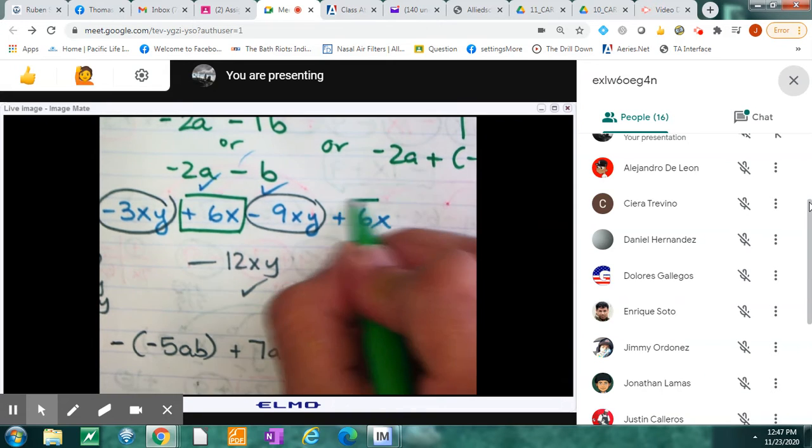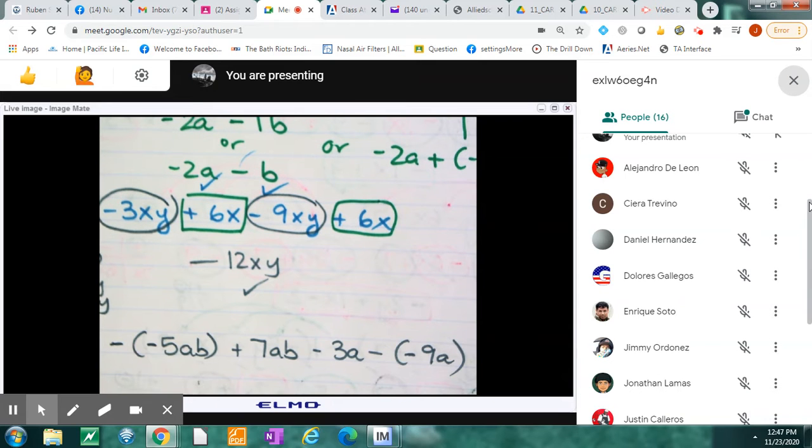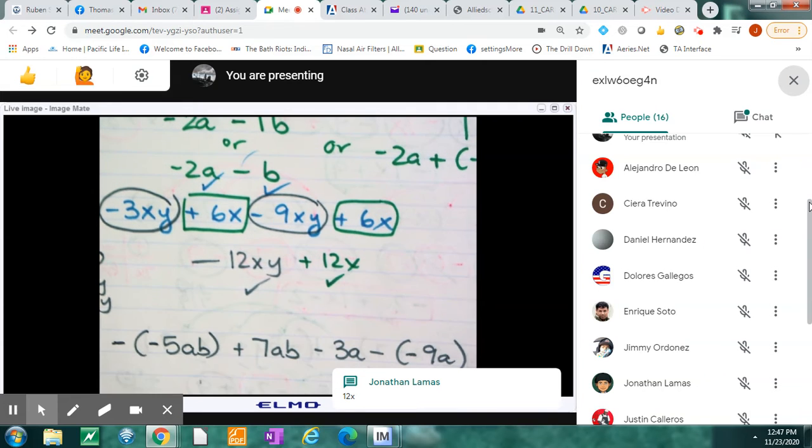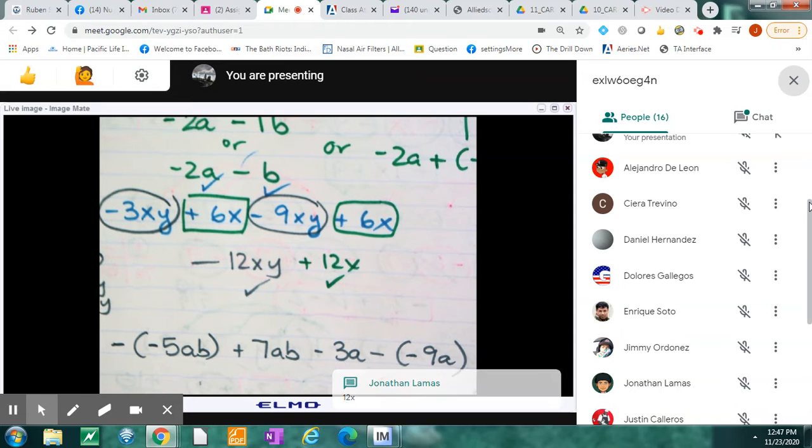The next 6x. So 6x plus 6x is how many x's? Jonathan, same one. Oh, hey, so yes, plus 12x. So if you got that right, put a little check. All right. So far, so good?